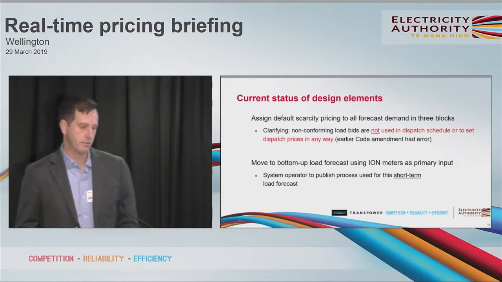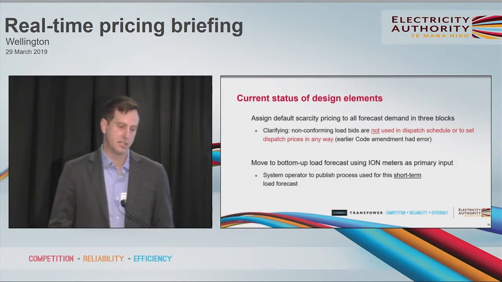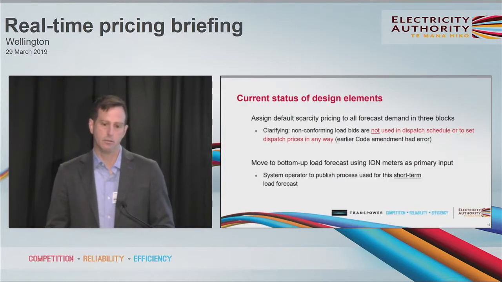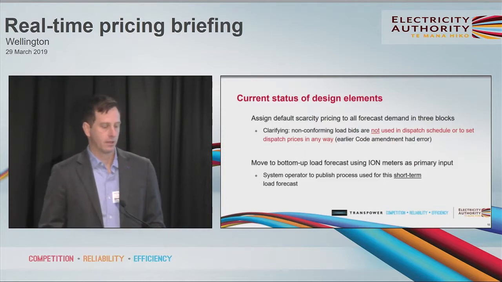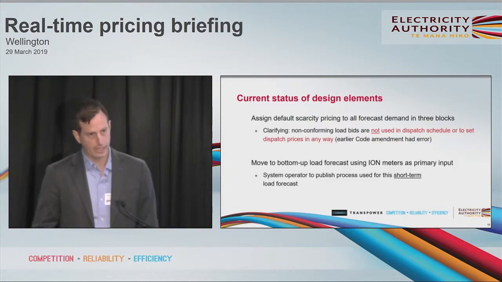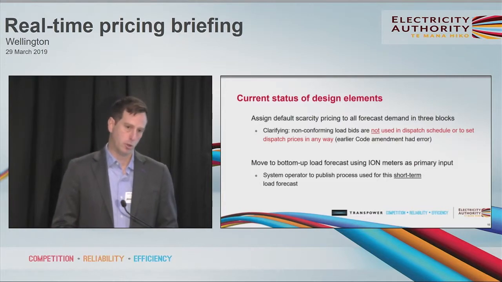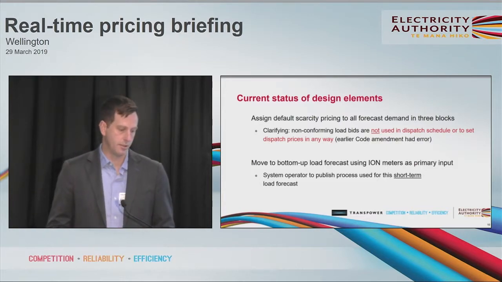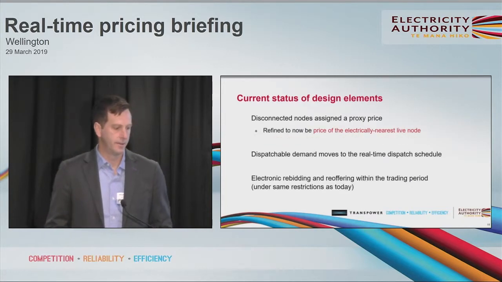Instead we'll be moving to a much more robust process where we forecast that load bottom up at each GXP, using the more accurate ion revenue meters as the primary input. And as part of rolling out real-time pricing, the system operator has undertaken to document and publish the process that they actually use to calculate that short-term load forecast.